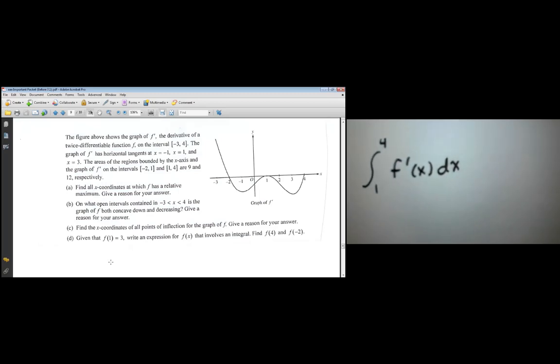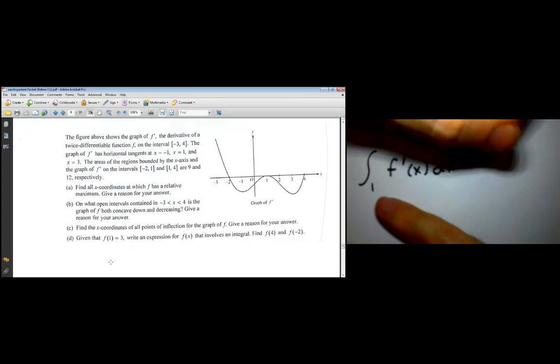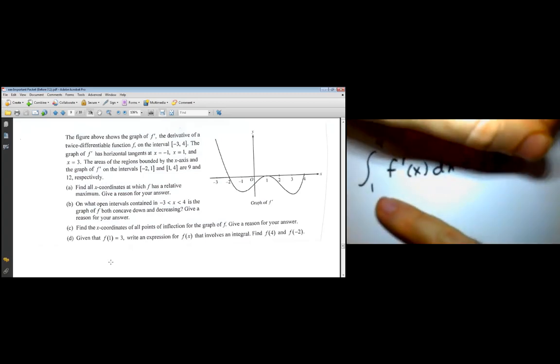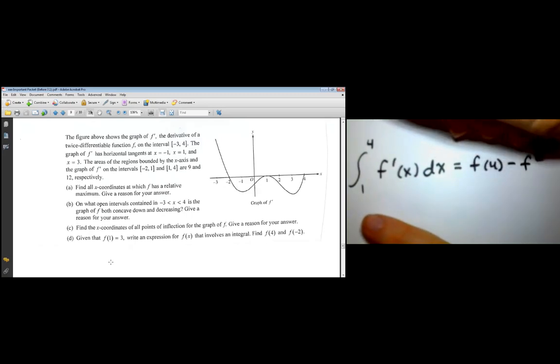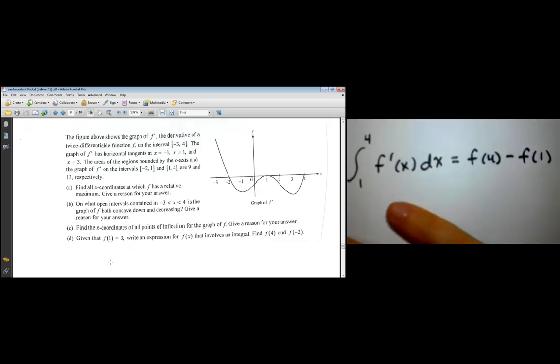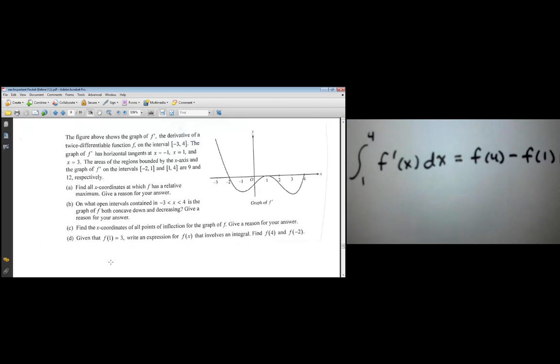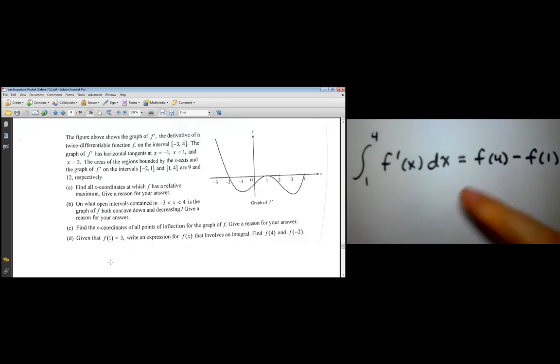Okay, so if we integrate this and follow along, if we integrate f prime, we're going to get f of 4 minus f of 1. Everybody good? Okay, what are we solving for, guys? F of 4.